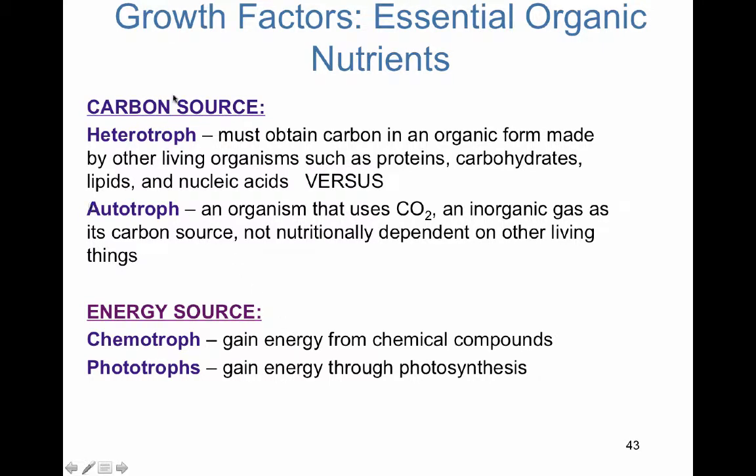So for the actual carbon source, an autotroph is an organism that uses carbon dioxide, and it's not nutritionally dependent on living things, so this would be the primary producers. Heterotroph would require carbon in an organic form, right? So these are just differences with regards to how some microbes use carbon, what the actual source of it is, and the actual source of energy, whether it's through chemical compounds or through light.